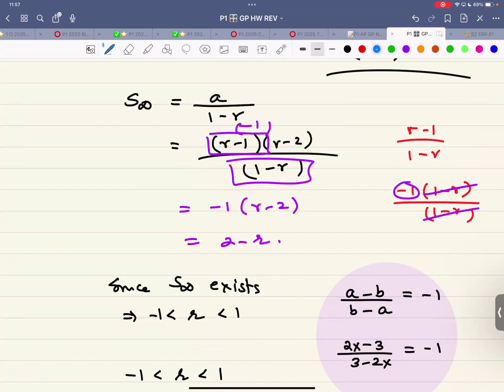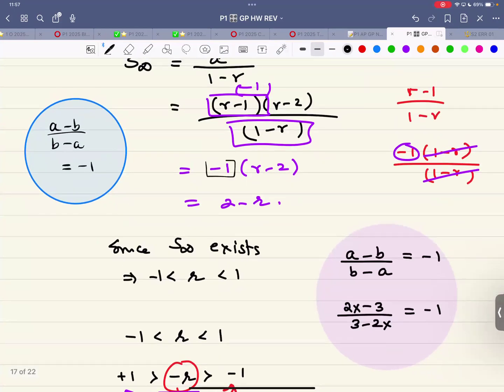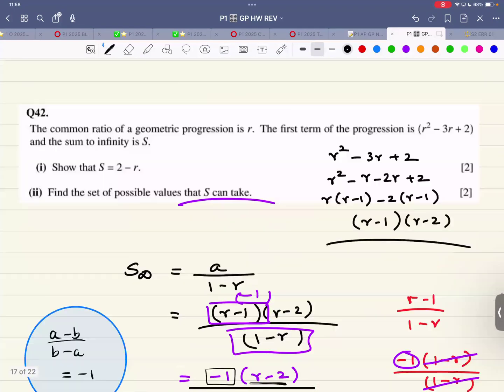Remember these things, it comes in handy. A minus B over B minus A comes out to be -1, because you can change the sign of any one of them, cancel it out, and -1 will remain. So over here, this -1 multiplies with R minus 2. So sum to infinity is 2 minus R. That is the first part.